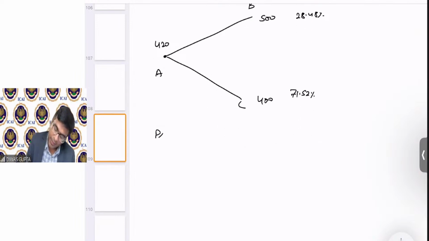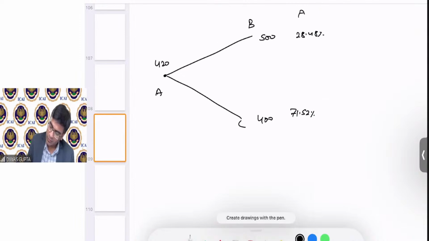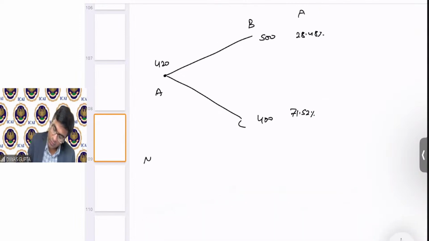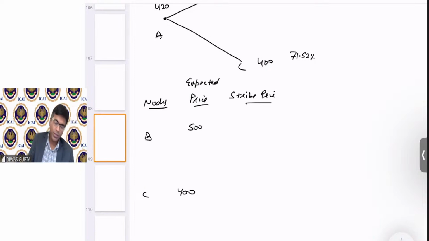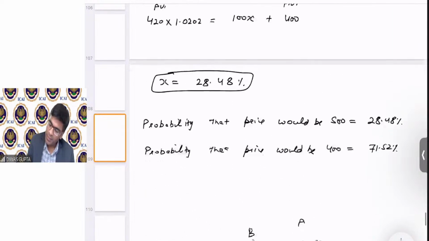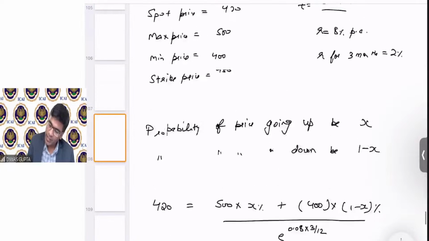Okay. So, let's first take the nodes B and C. Price is how much? 500, 400. Correct? This is actually the expected price. Strike price is actually how much? Strike price is 450, I guess.